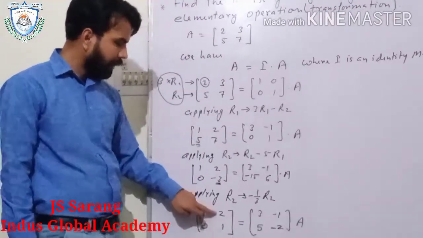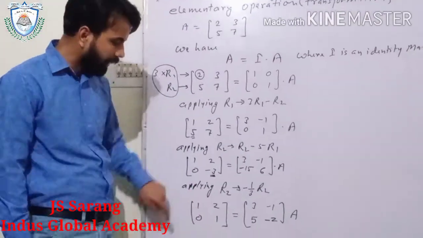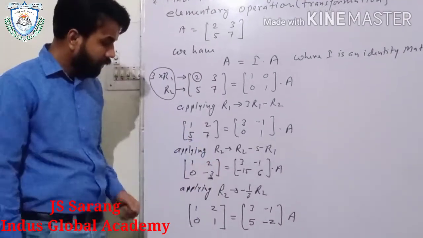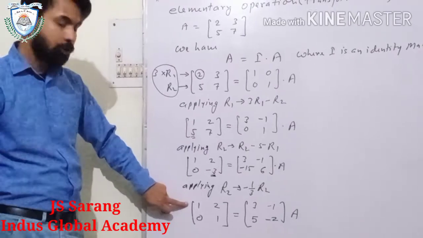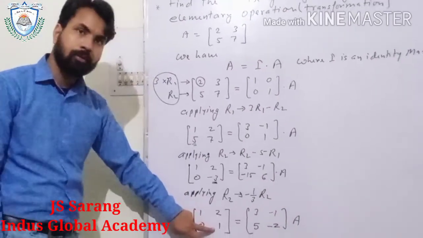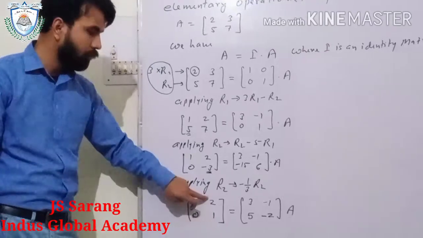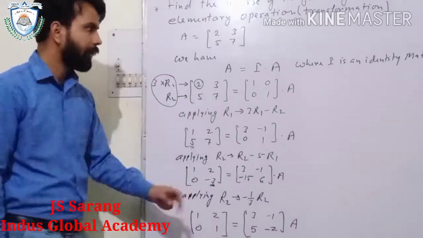Now we have to make this element 0. So how can we make it 0? If we apply the operation in R1, what operation? R1 minus 2R2. So this 2 minus 2 will be 0, or not? Yes.